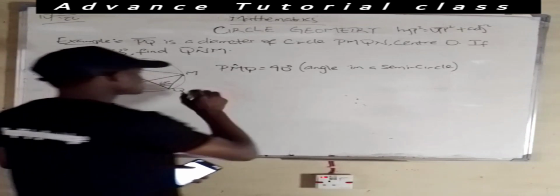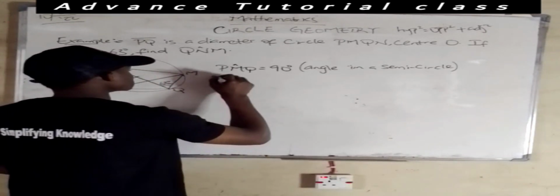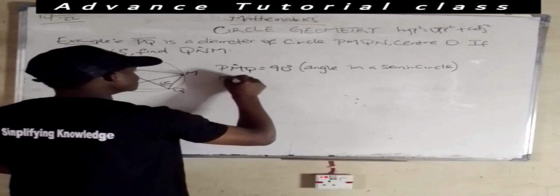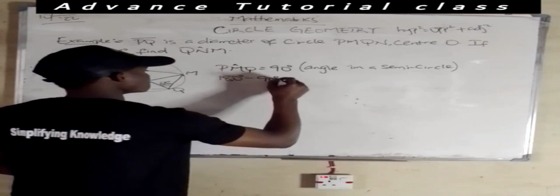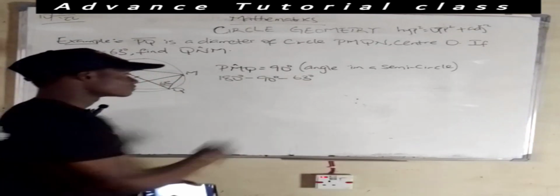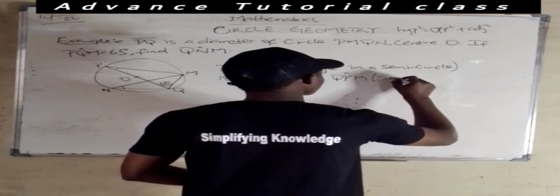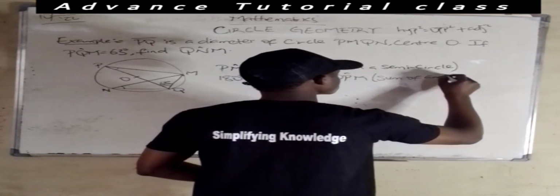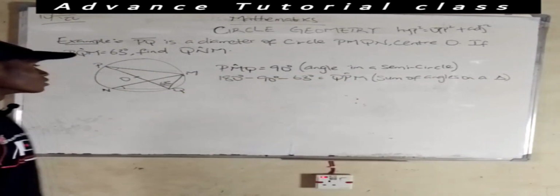This is it. To find QPM, it becomes 180 degrees minus 90 degrees minus 63 degrees equals QPM. Why? Sum of angles in a triangle is 180 degrees.